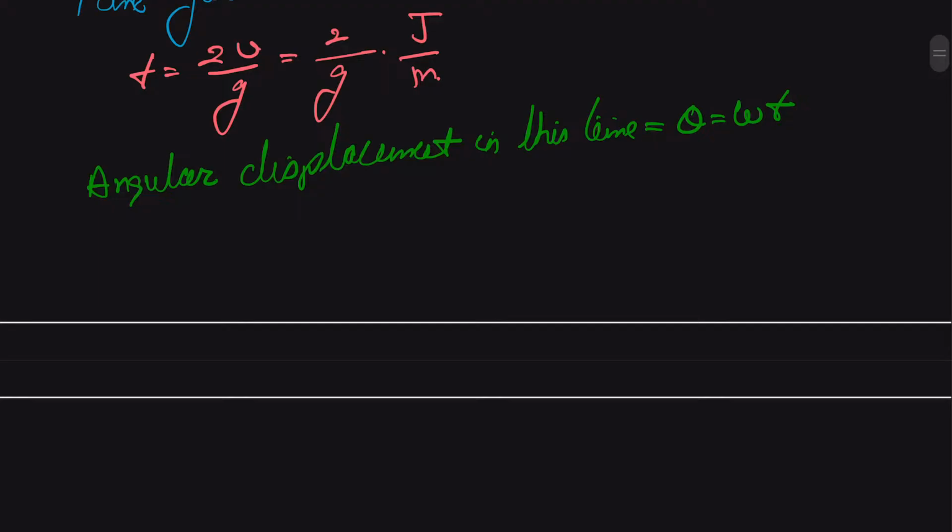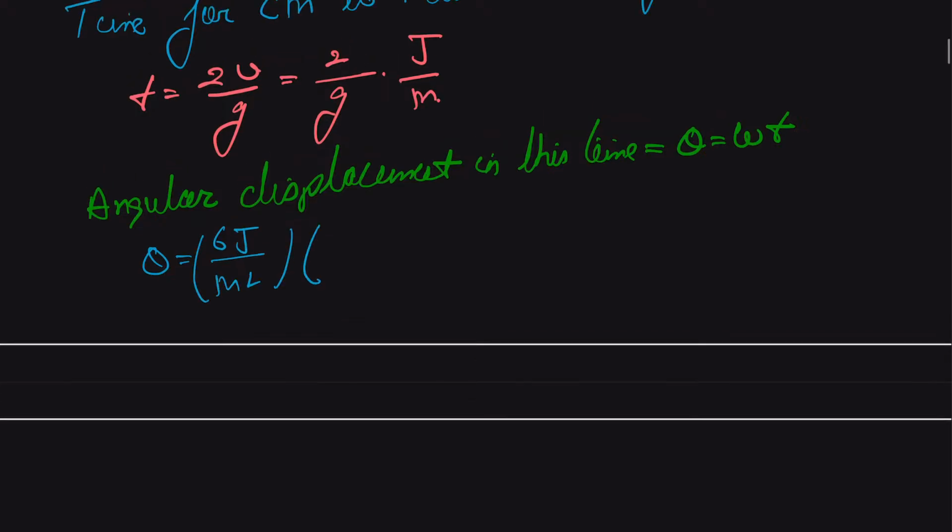We simply substitute the values. We know both omega as well as t. Omega was 6J upon ml, and t is 2J upon g multiplied by m. So this gives us theta equal to 12J square upon m square g times l.